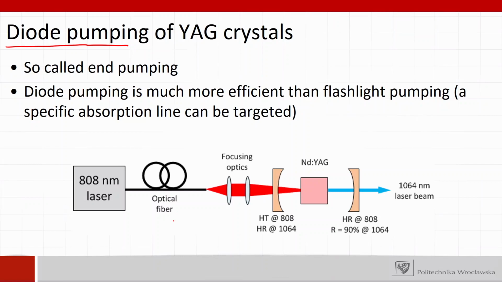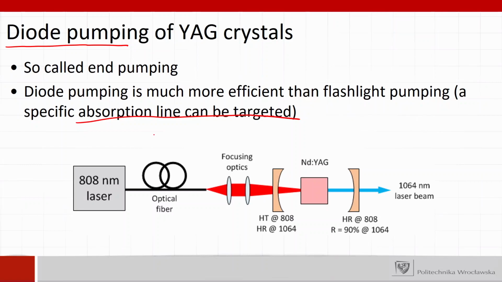So the more efficient way is to use a laser diode, because we can target just a specific absorption line of the crystal instead of emitting a very broad spectrum from the flash lamp.